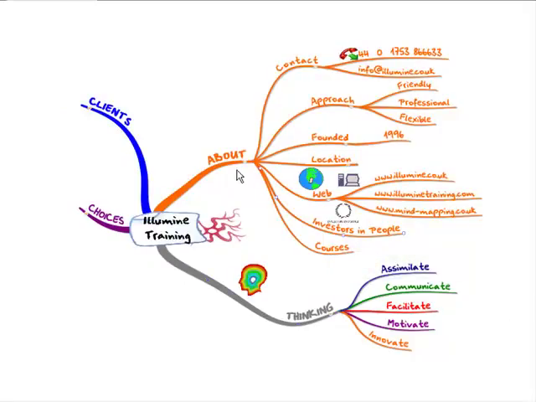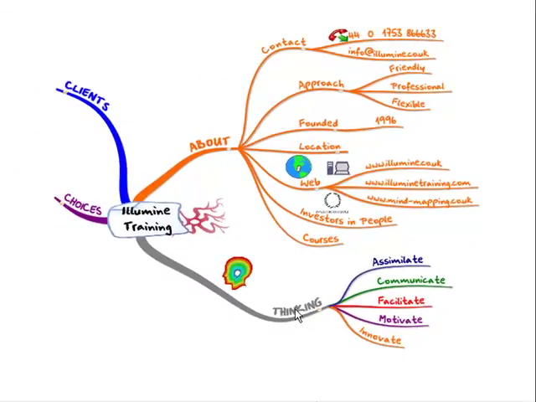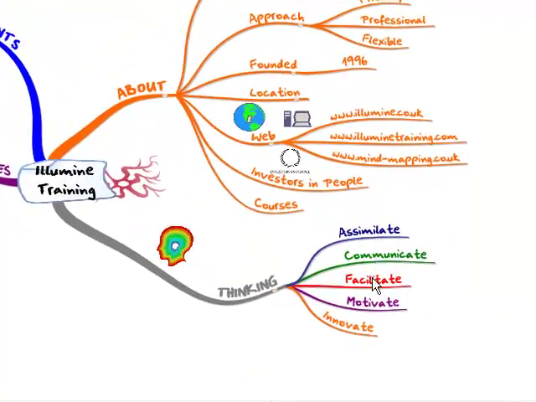Now, where we've used color on this first about branch, we've used the same color branches as the initial main branch. Here we're looking at extending the use of color in slightly different ways. So all of our courses are related in some way to thinking skills, and we subdivide those into assimilate, communicate, facilitate, motivate and innovate.